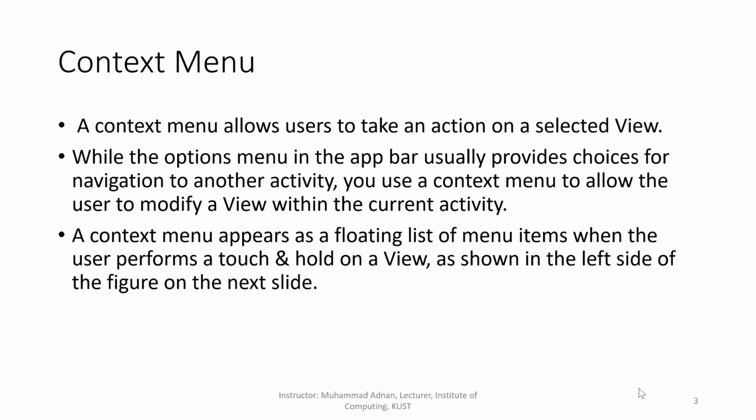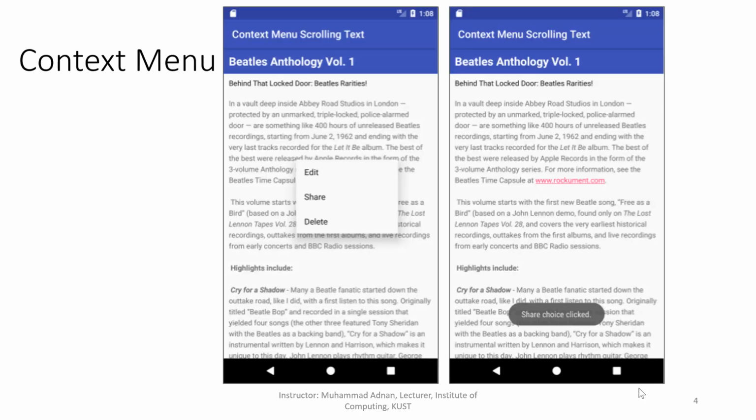You can display a toast message, or you can change some element values, etc. A context menu appears as a floating list of menu items when the user performs a touch and hold on a view, as shown on the next slide. So let me show you this context menu example. Here you can see we have a context menu. Let me change the marker.